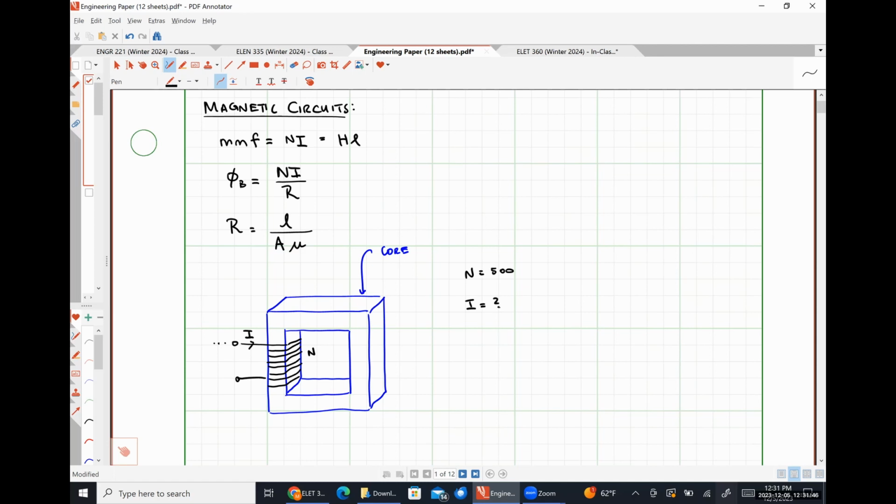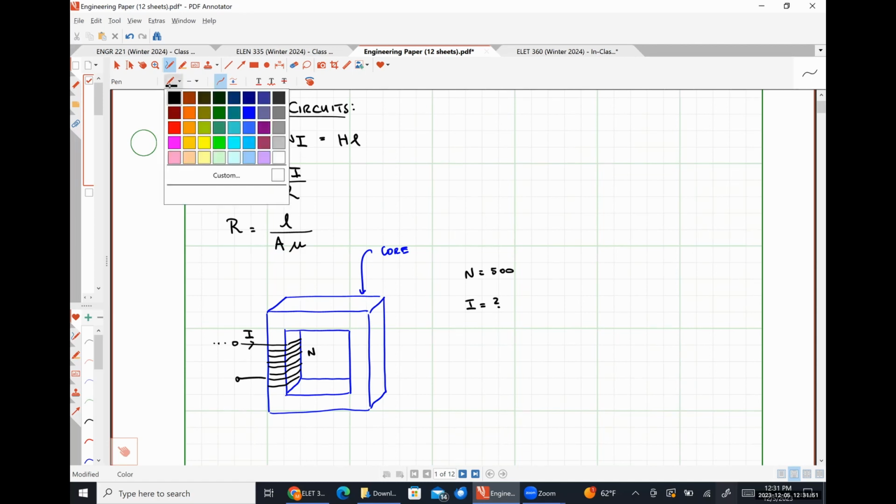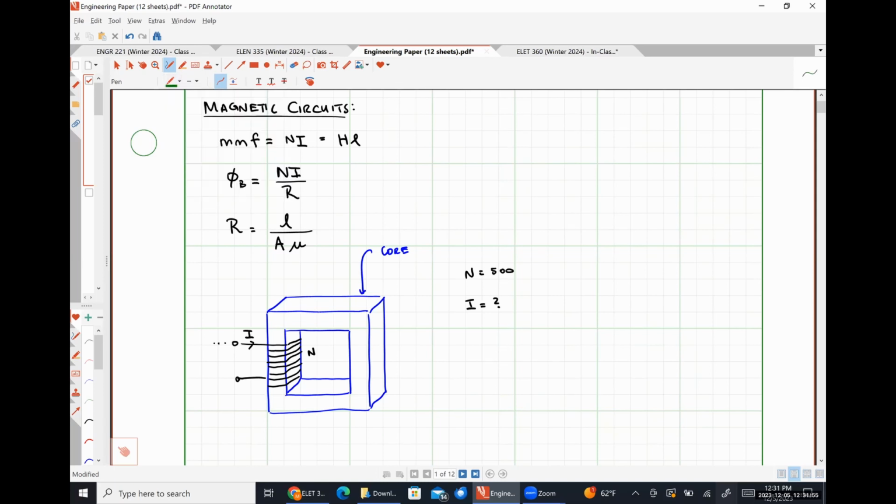Now I need to give you the dimensions of our core. So let's call this dimension width 1, and it is 1 centimeter. Let's call this dimension width 2, and it is 0.8 centimeters.